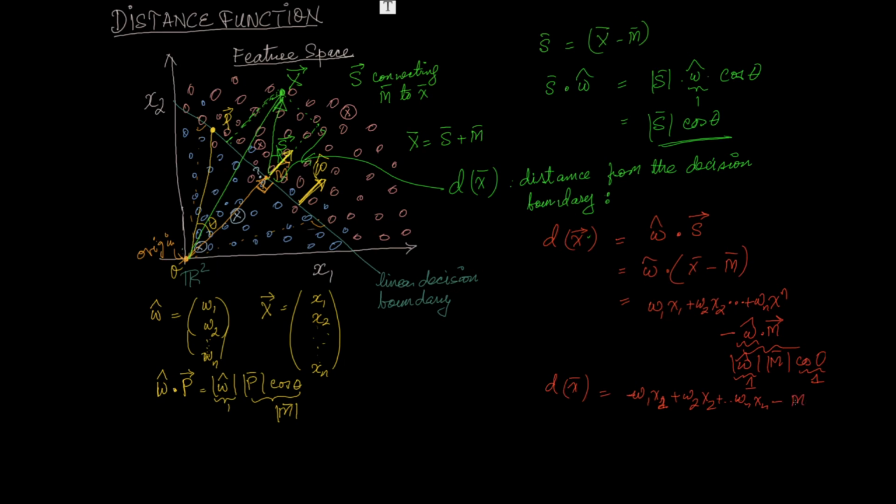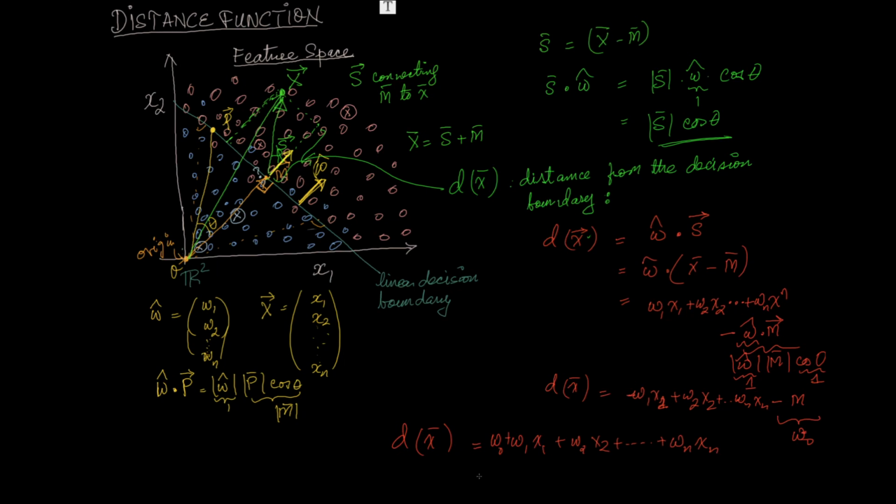Now that is a result, except that it is much more conventional to call this W0. If we just call it W0, because ultimately it's just a constant, it's a naming thing, we get to the result we were seeking: the distance of a point X from a decision boundary whose orthonormal vector is W is given by, let me put W0 in the beginning, W0 plus W1 X1 plus W2 X2 all the way to Wn Xn.